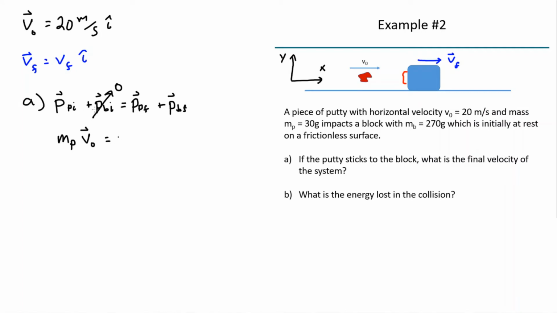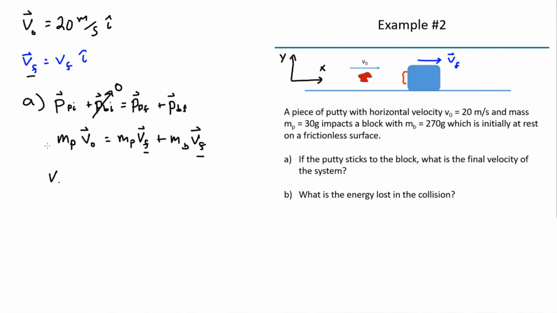This equals the mass of the putty times V final, plus the mass of the block times V final. Importantly, these V final here are the same as this V final here. Both the putty and the block have the same final velocity. So I can solve this equation really easily.